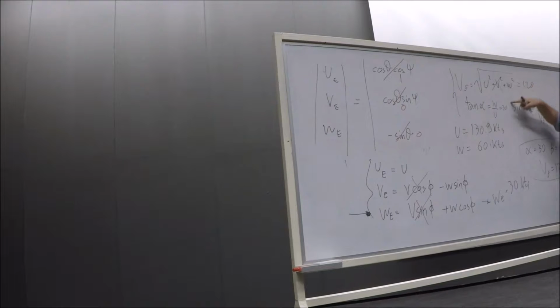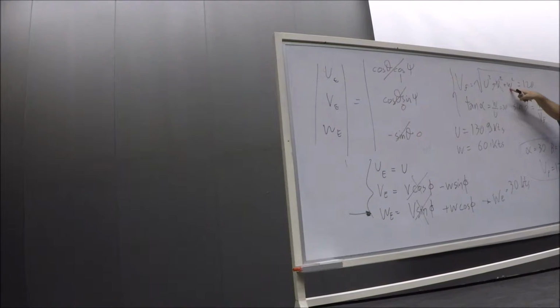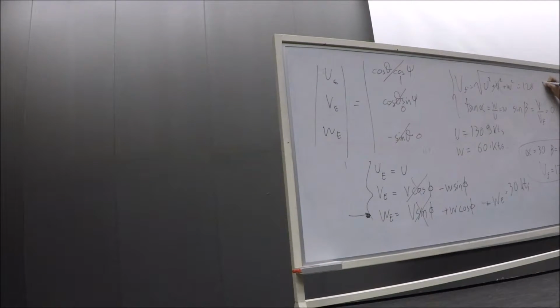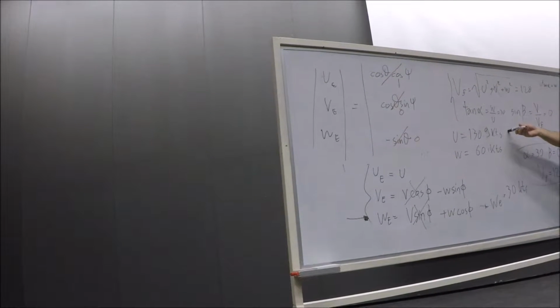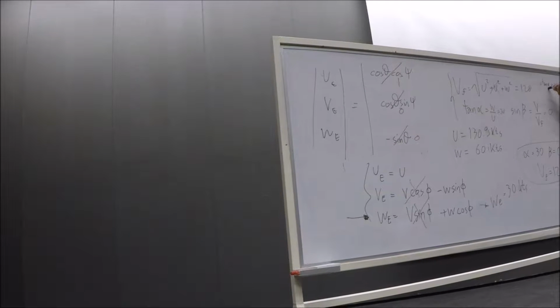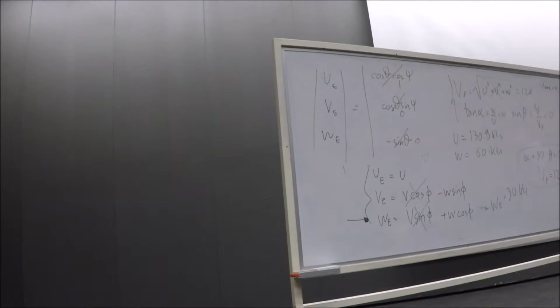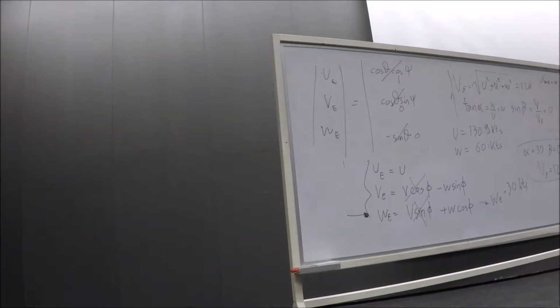From these two equations, you have U squared plus W squared is equal to 120 squared. So you solve, U tan alpha is equal to W. So you put this in here, and you find out that U is equal to 131. You go back to this one and find the value for W. Okay. Any other questions?